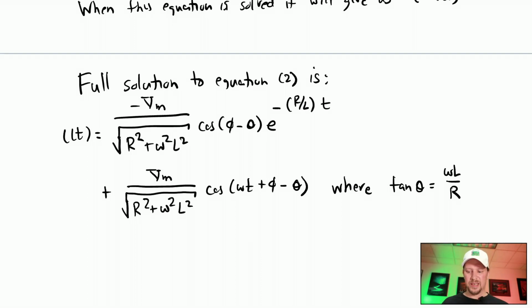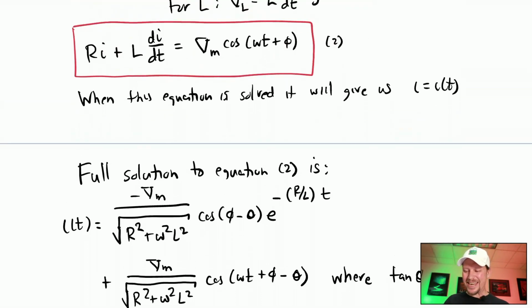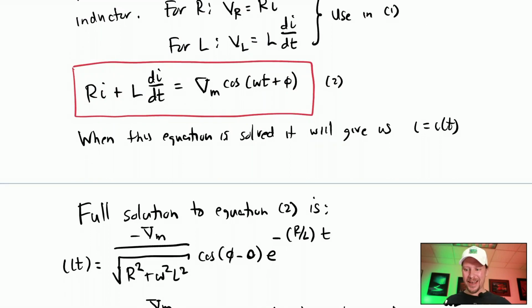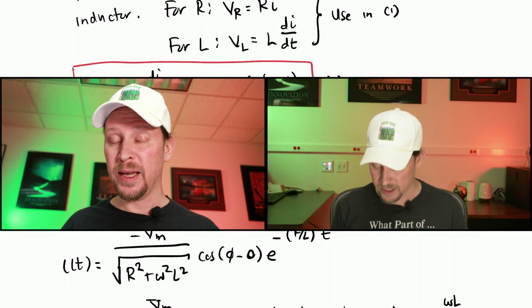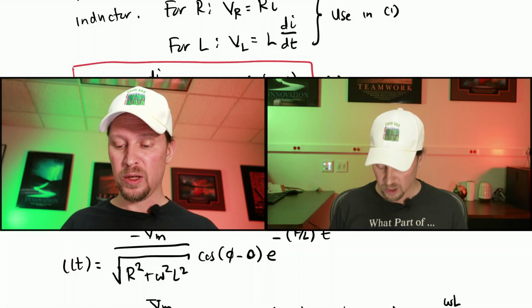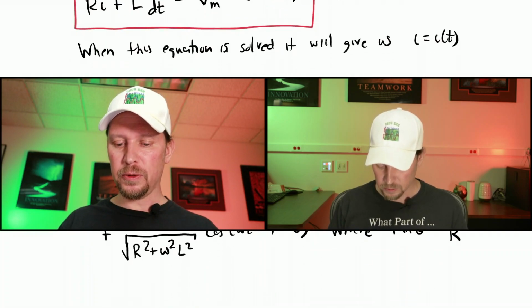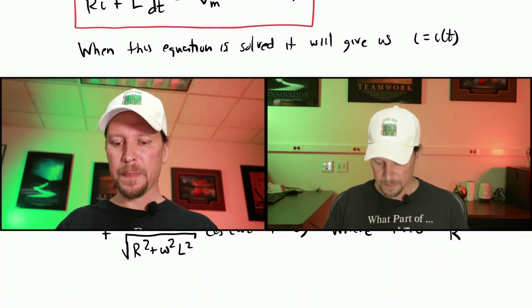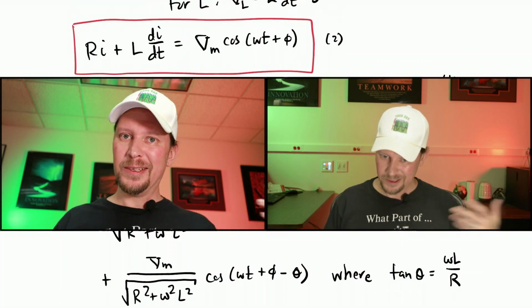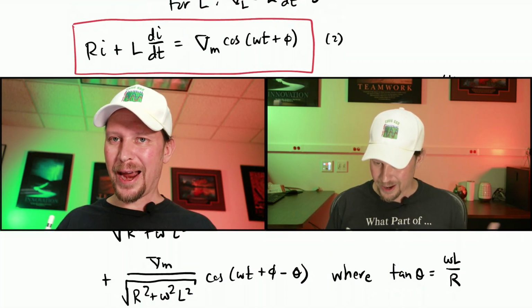Now, this is a big solution, right? Notice that it is not obvious that this actually does satisfy the differential equation shown by equation 2. That's something that I'm going to leave to you guys as an exercise. You should be able to take the solution, take the first derivative, multiply it by L, take that solution, multiply by R, add it together.